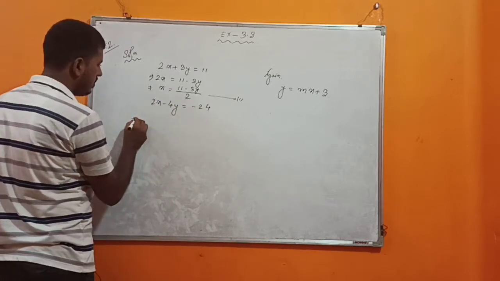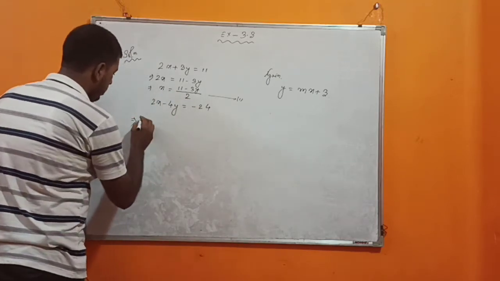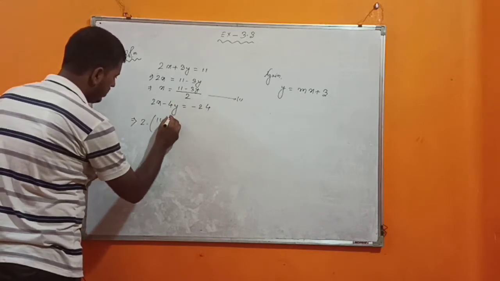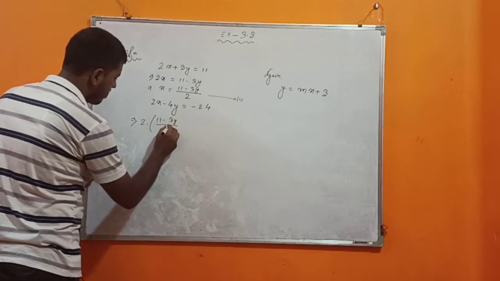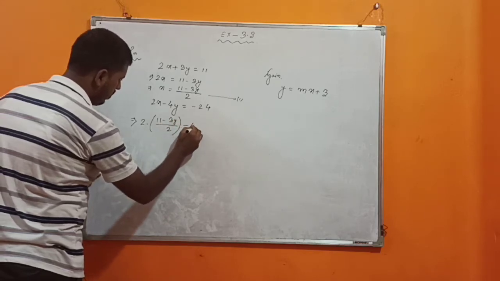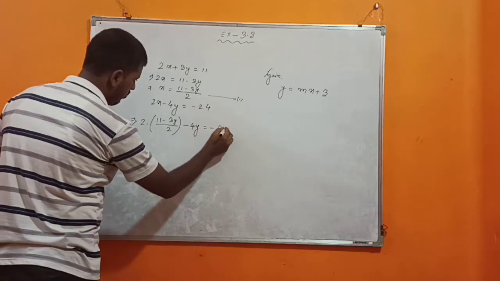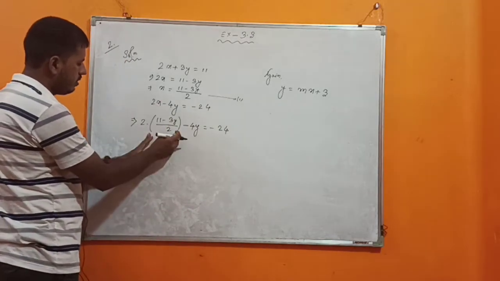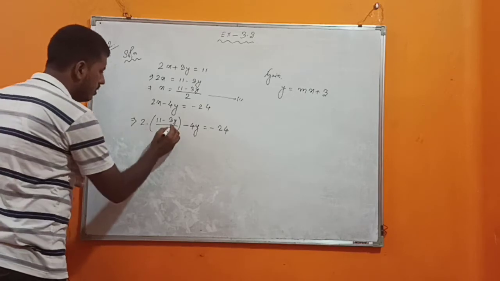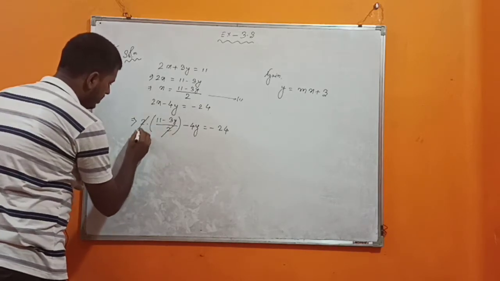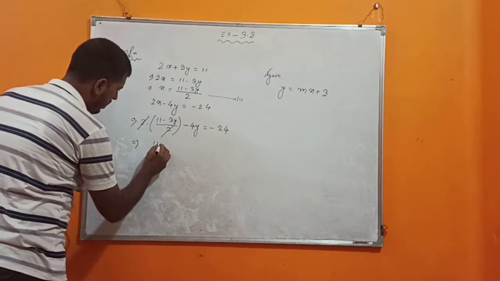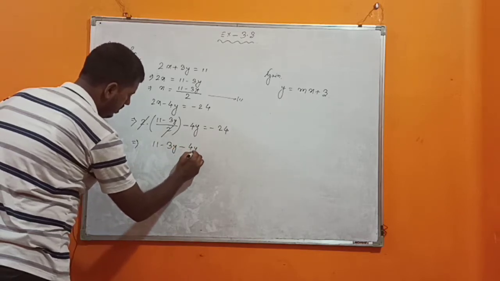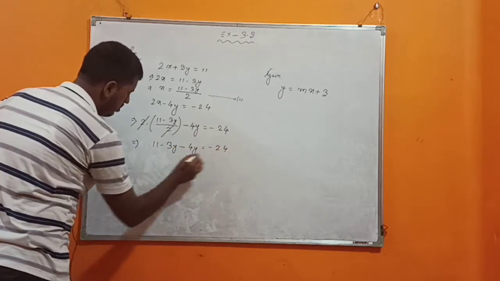So here I am substituting 2 into x, here is (11 minus 3y) by 2, minus 4y is equal to minus 24. Okay, I have just substituted the value of x here, that is 2 into x. So 2 and 2 will be cancelled, so it will be 11 minus 3y minus 4y is equal to minus 24.